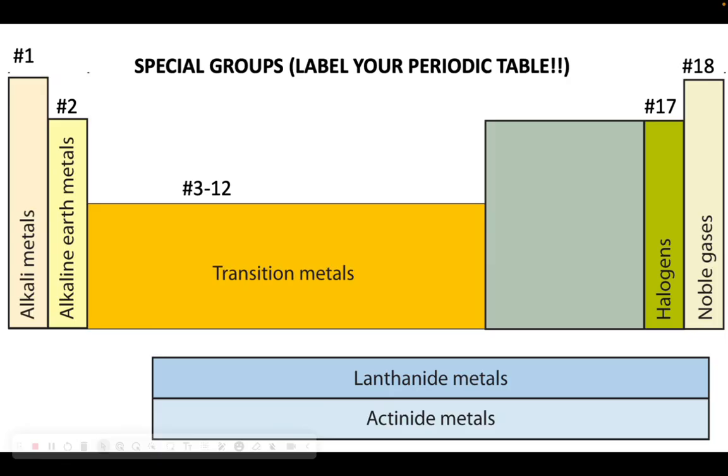However, group 17 is called halogens, and group 18 is called noble gases. The bottom 2 rows, or periods, found underneath the periodic table are called lanthanide metals and actinide metals. These actually fit into the periodic table in the transition metals, and we'll explore this again in the activity we're doing later.